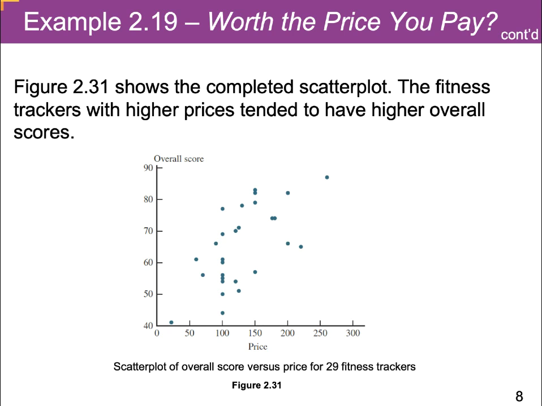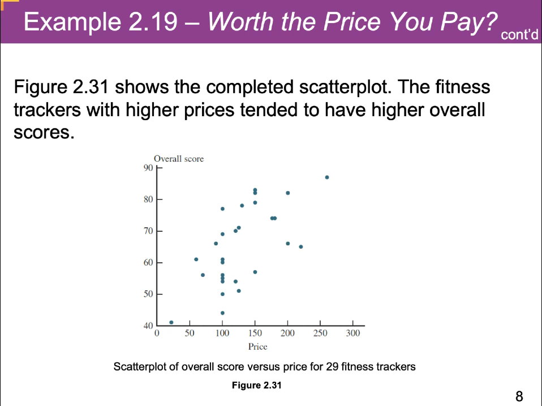And we see here that there does seem to be a little bit of a relationship between price and score. The more you pay, you tend to have higher scores. Now, this isn't an absolute strong relationship here.